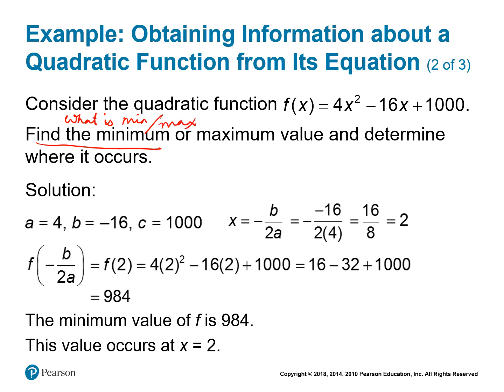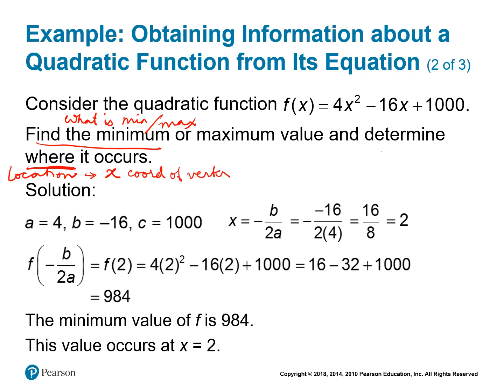And then they say and determine where it occurs. Where it occurs means they're asking you for the location. And location we discussed. We said if they ask you for the location, tell them the x coordinate or the h value of the vertex.